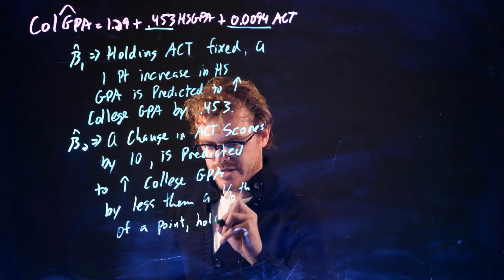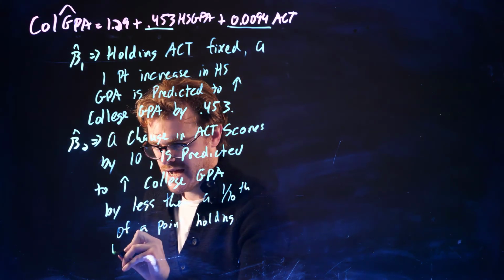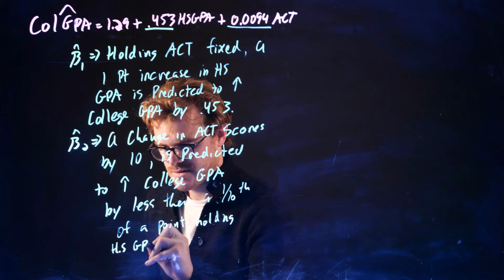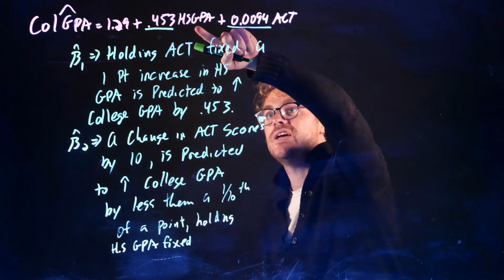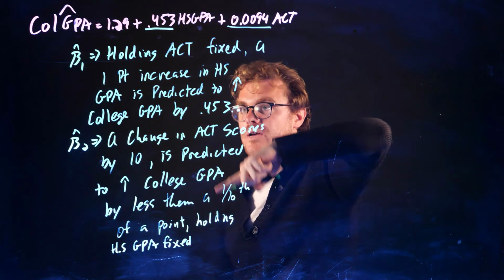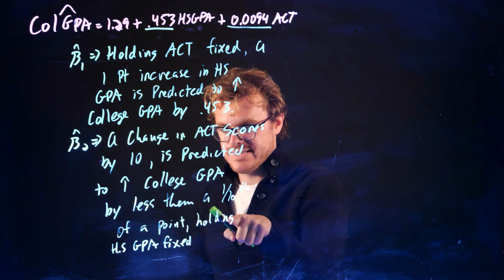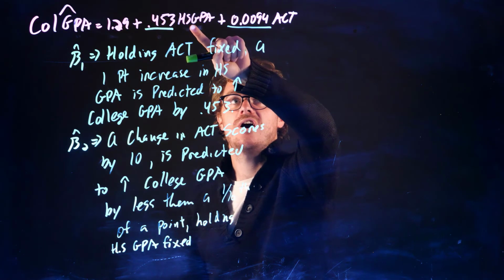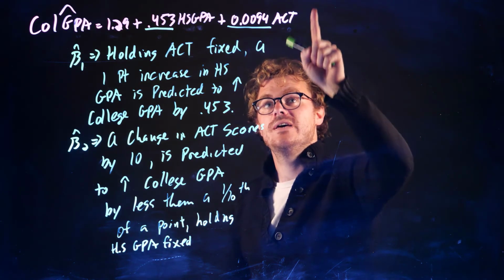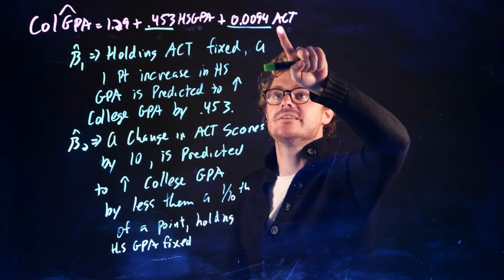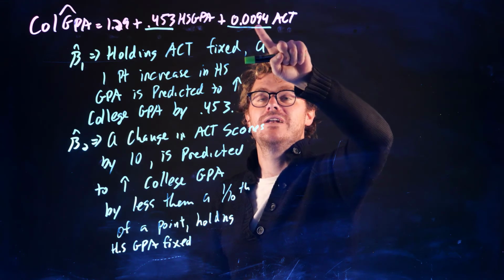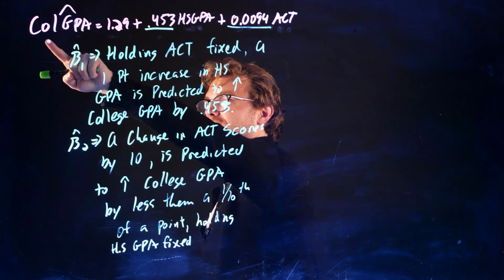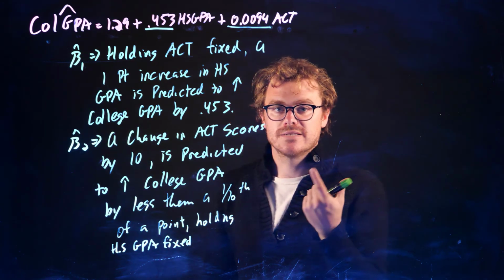And again, we need to hold high school GPA fixed, so we hold the change in x1 equal to 0, like we just learned. So that's what this last part is about. Holding this constant, a 10 point increase in ACT, this 0.094 is the increase in college GPA that's predicted by this model.